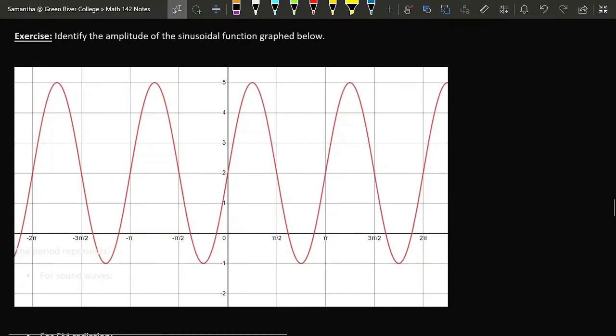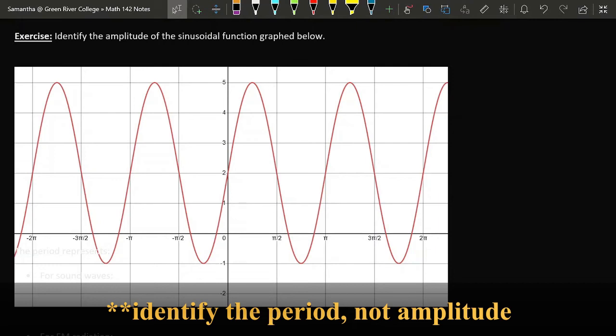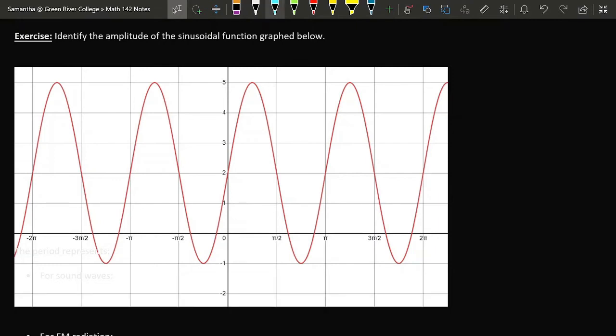Let's have a look at a mathematical example, and let's try and identify the period of the sinusoidal function which is graphed here. So let's figure out how long it takes for this graph to repeat itself. And one way to tell is to look at the distance between the two peaks on this graph.